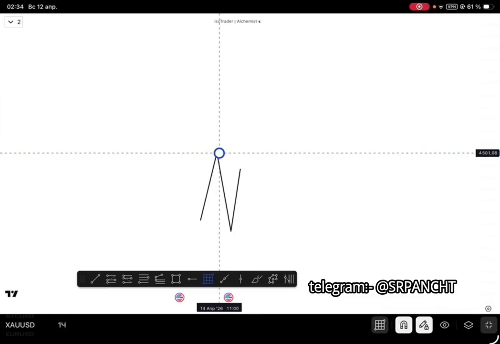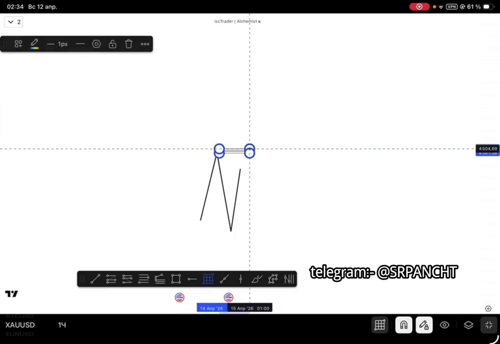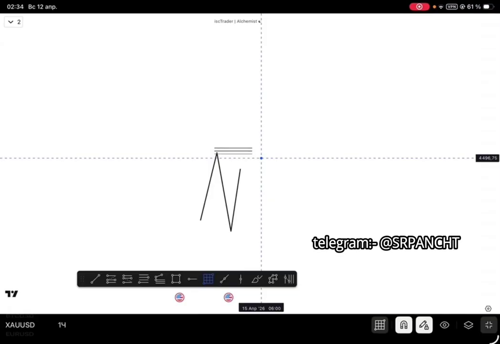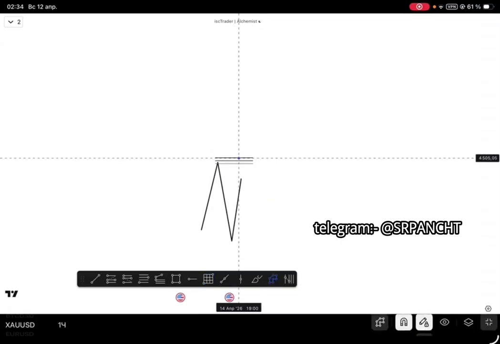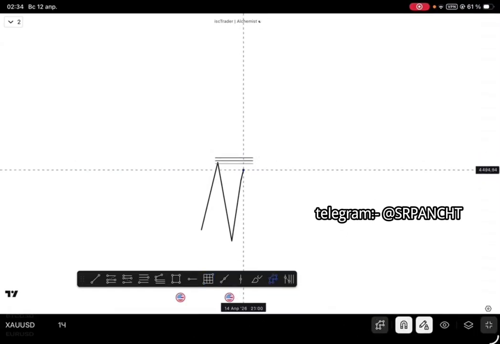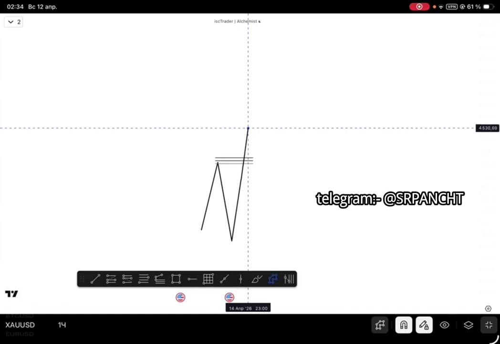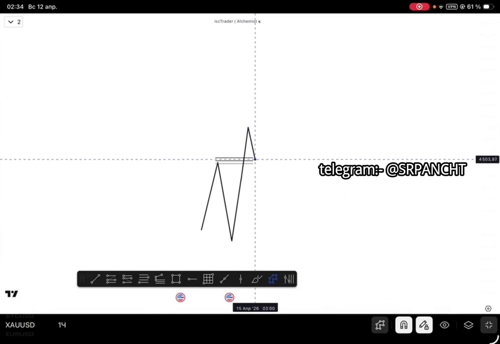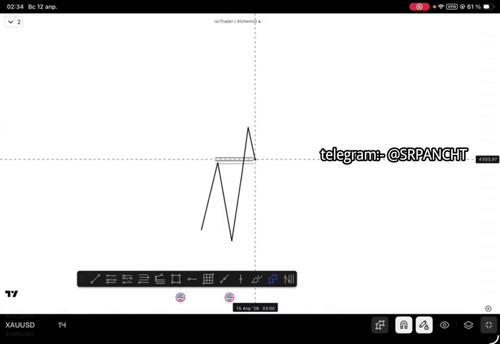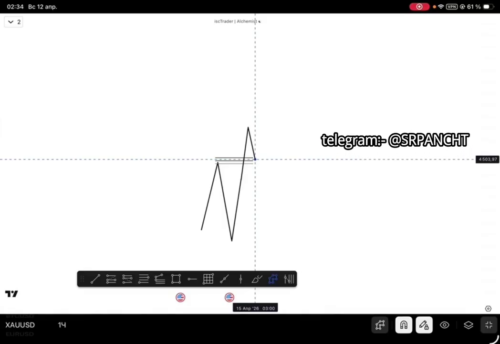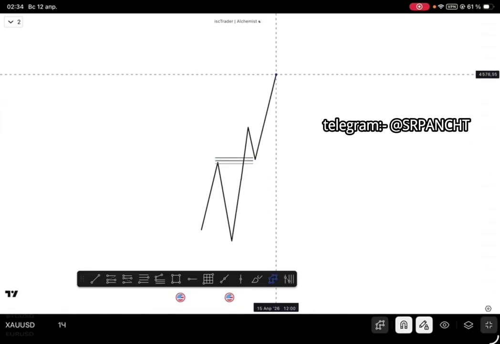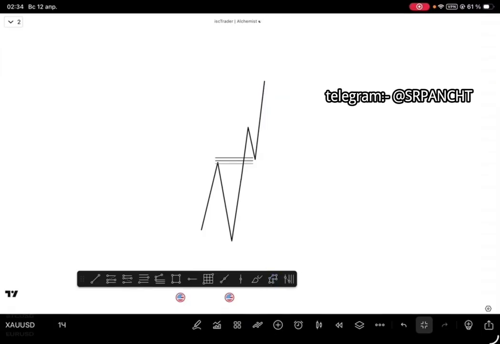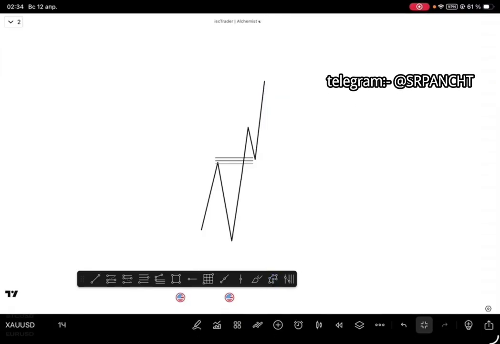Resistance zone, resistance. And if the market has a resistance breakout, that is considered the RBS zone. And when the market comes to our zone, we can enter a trade. Just like that. Resistance becomes support.